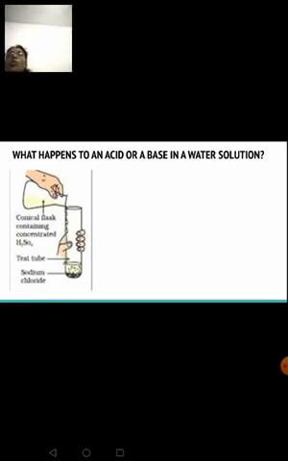So now when sulfuric acid comes in contact with sodium chloride, a double displacement reaction takes place. In a double displacement reaction, negative ions swap their places. In sodium chloride, that is NaCl, chlorine is the negative ion, Cl minus, and in sulfuric acid, that is H2SO4, SO4 is the negative ion.